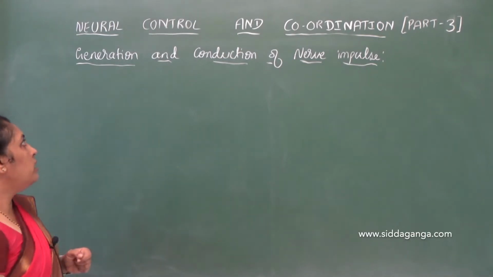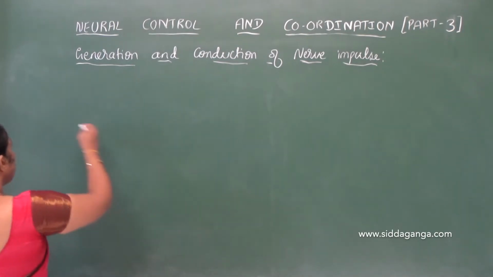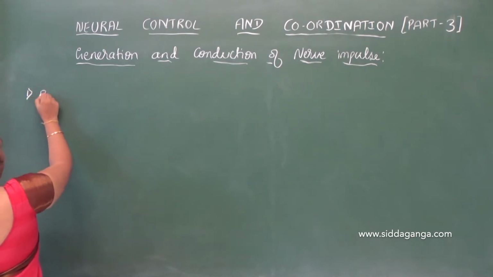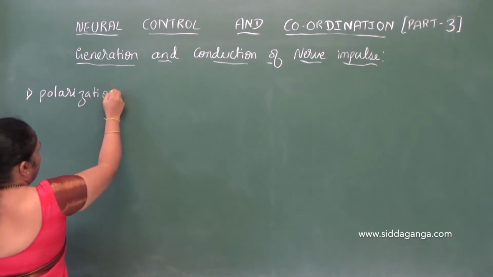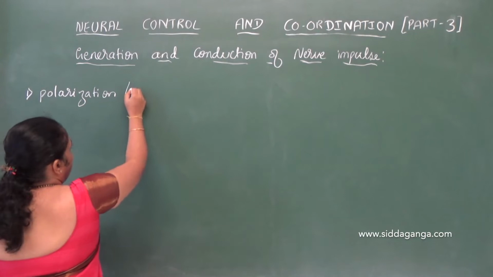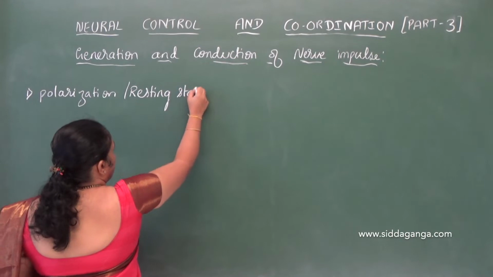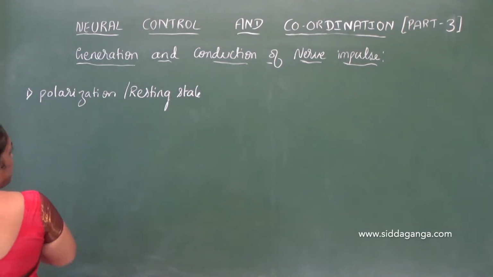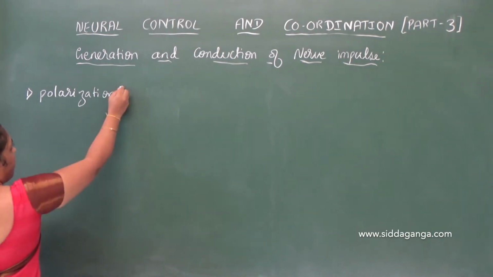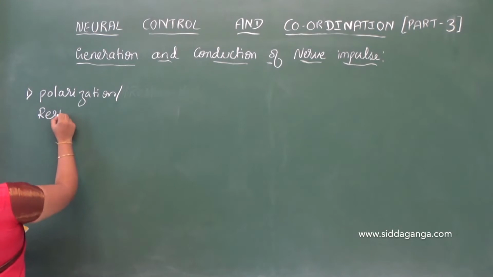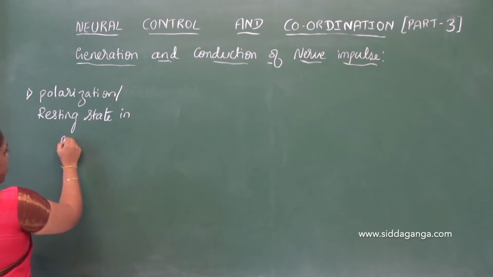In the generation and conduction of nerve impulse, we have three steps. One is polarization, or resting state in neuron.